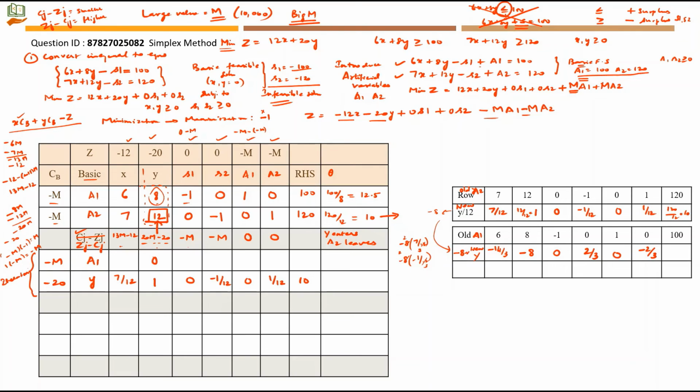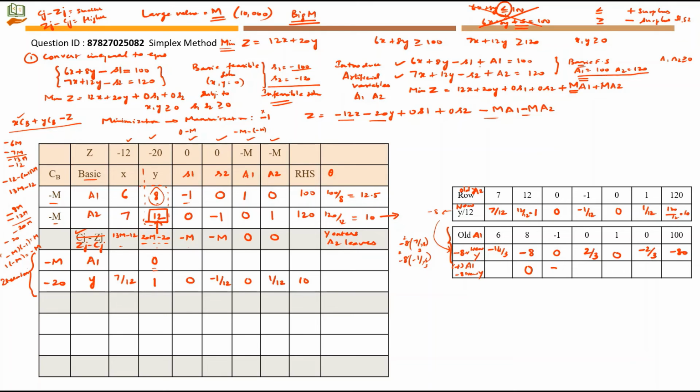Here we have 10. So 10 into minus 8 will be minus 80. Now if you add this old A1 plus minus 8 into new y, if you add these two rows, we will get 0 here. So this is the ultimate aim of doing all such calculations.